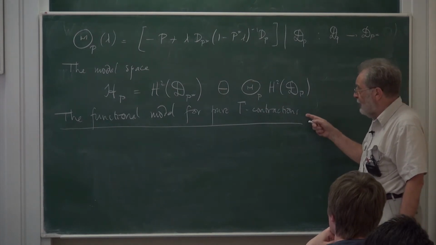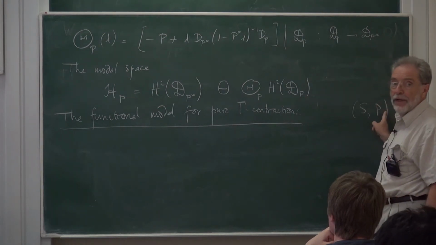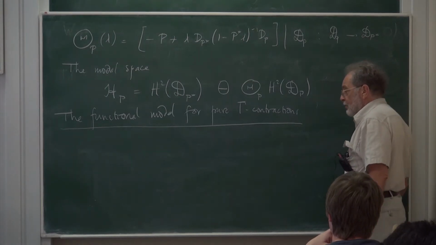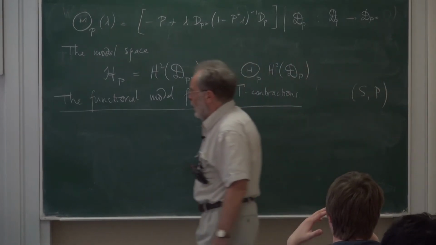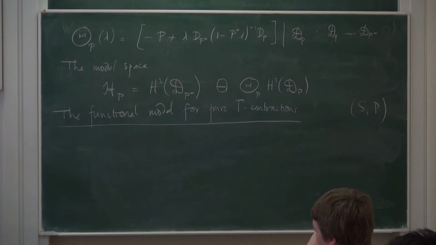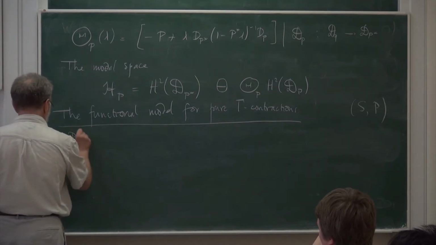A pure gamma contraction is a gamma contraction S comma P in which P is a pure contraction, so powers of P star tend strongly to 0. And this is due to Bhattacharya and Pal in 2014.